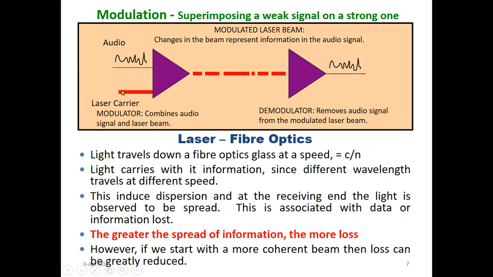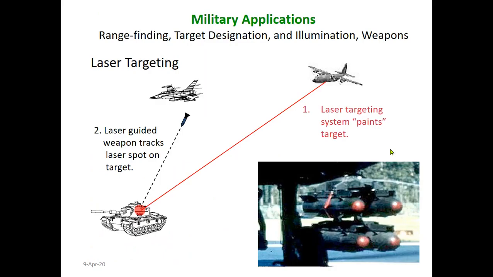They are combined and transmitted, and a demodulator again removes the audio signal from the modulated laser beam. Whatever change there is in the beam represents information in the audio signal. Using this technique, we can use modulation of the laser signal to transmit from one end to the other end.